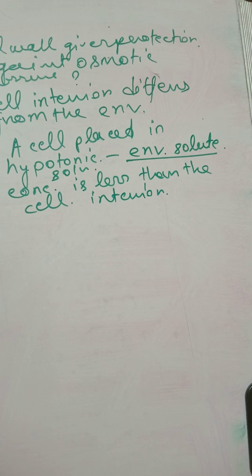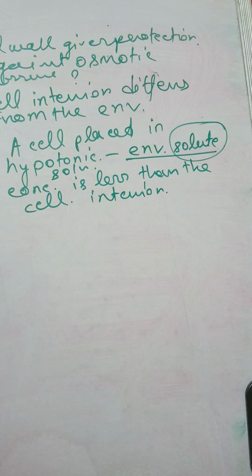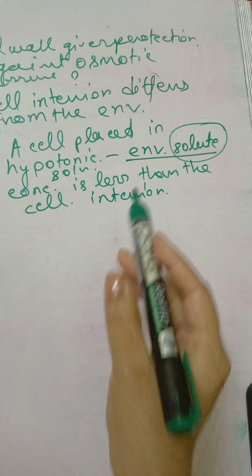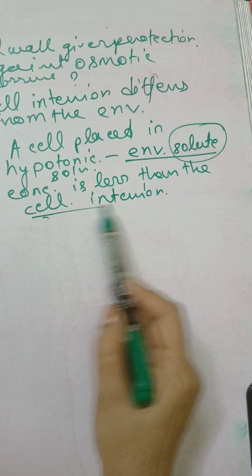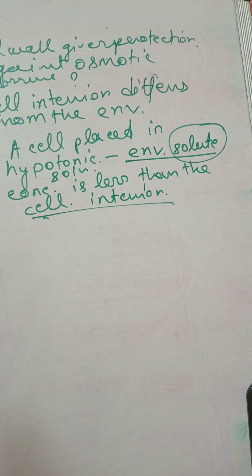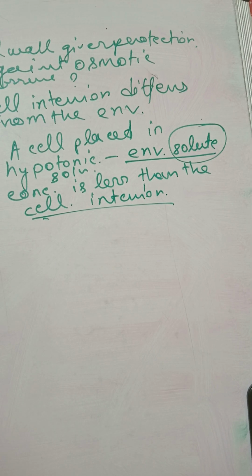So hypotonic solution means the environment contains solutes, but the concentration of that solute is much less than the cell interior or the cell cytoplasm of the bacteria which is placed into the hypotonic solution, okay.